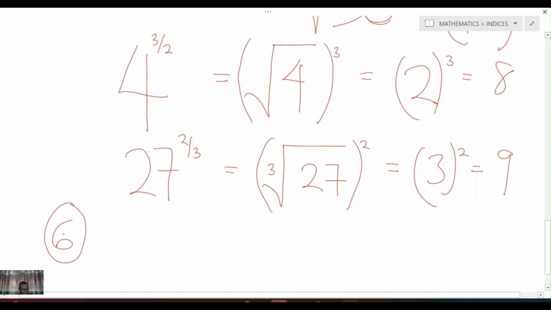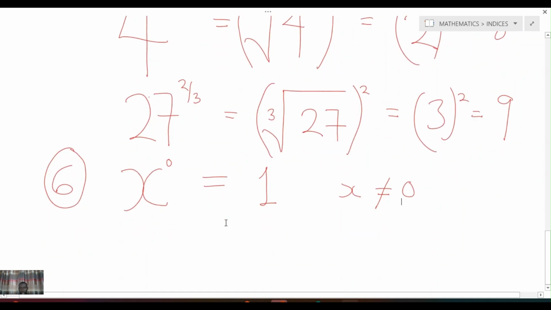Let's say a number x raised to power 0. This will be equal to 1. Any number raised to power 0 is equal to 1, provided that that number is not equal to 0.